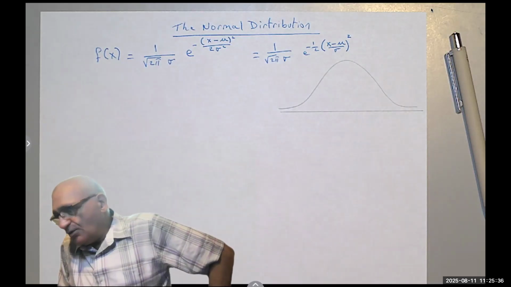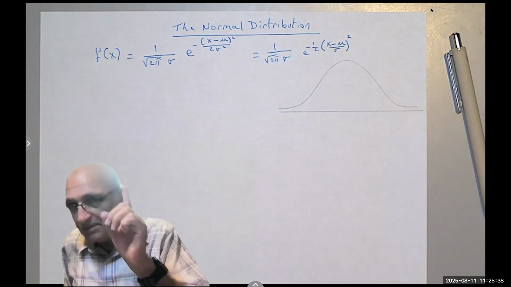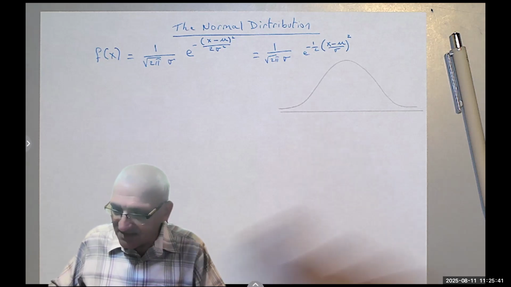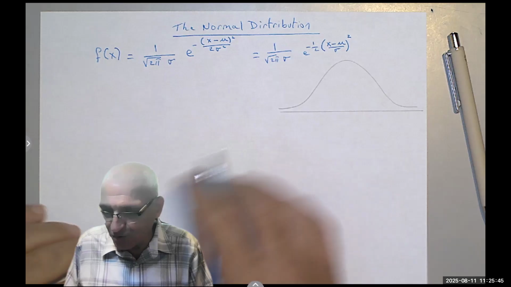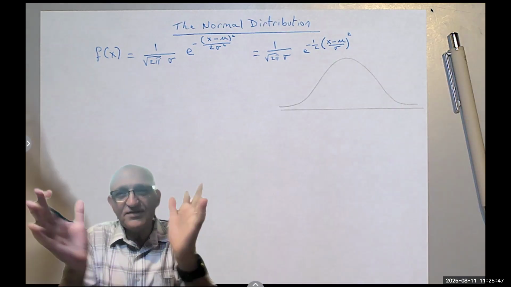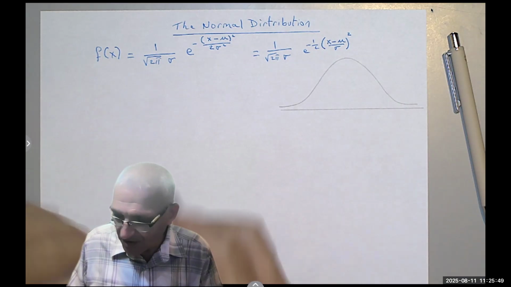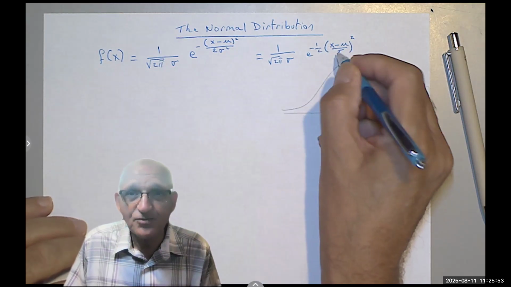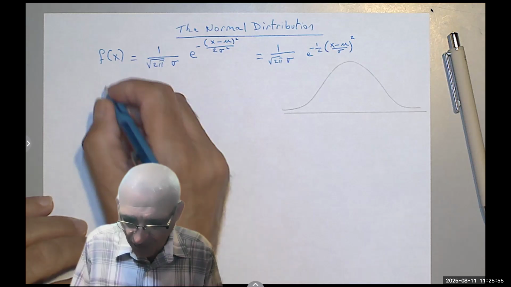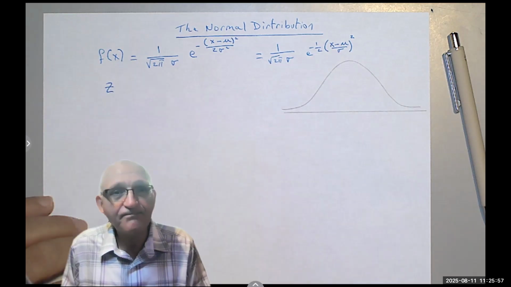So they said, okay, we are going to create only one table. And in this table, instead of using x, mu, and sigma, we are going to combine mu and sigma with x into something new. And since this is the one posing the problem when you integrate, we are going to replace it with something called z.